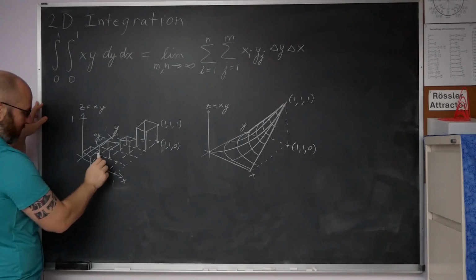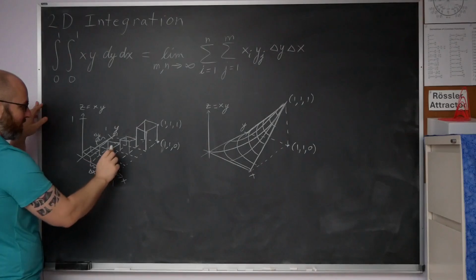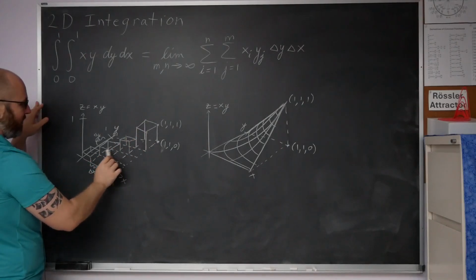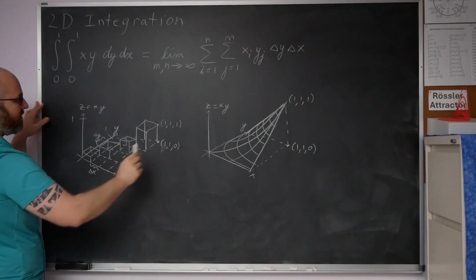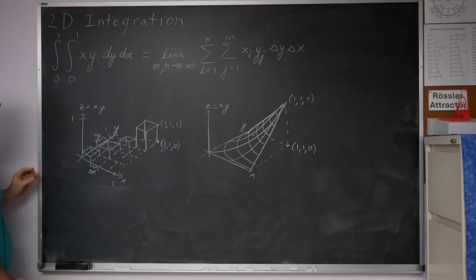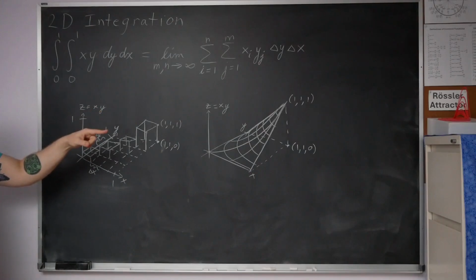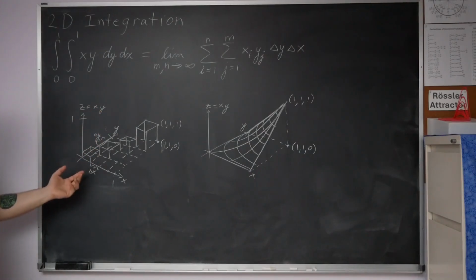You'd want to draw more boxes, but I didn't. We're essentially summing up a bunch of little rectangular prisms, and that'll approximate this volume. Not very well, because it's only 4 by 4. That's the idea. But from here, we can define what x sub i and y sub j are, and also what delta y and delta x are.